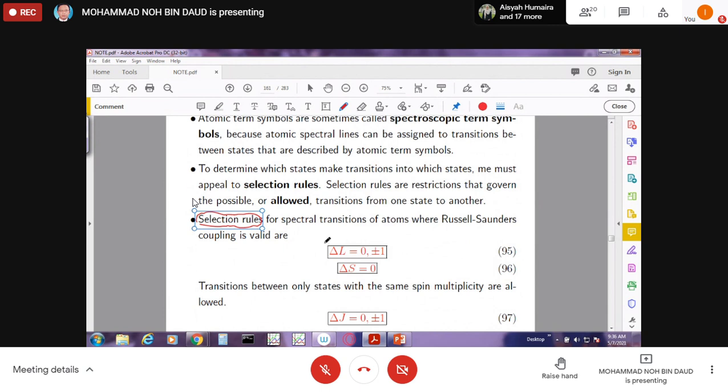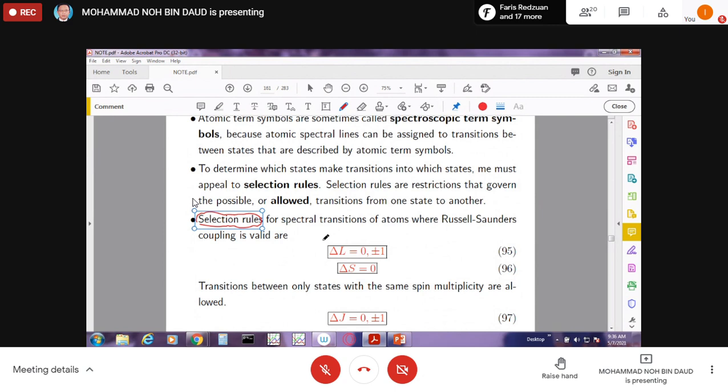I will not show this in this course, using the time-dependent method. What you have learned so far is the time-independent, where the Hamiltonian, you can see the Schrödinger equation, does not depend on time.